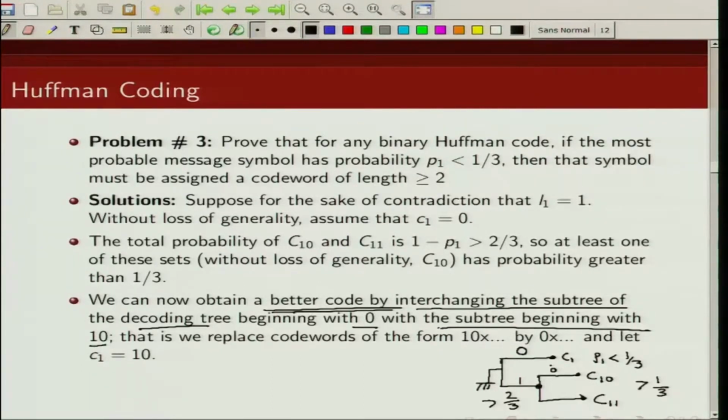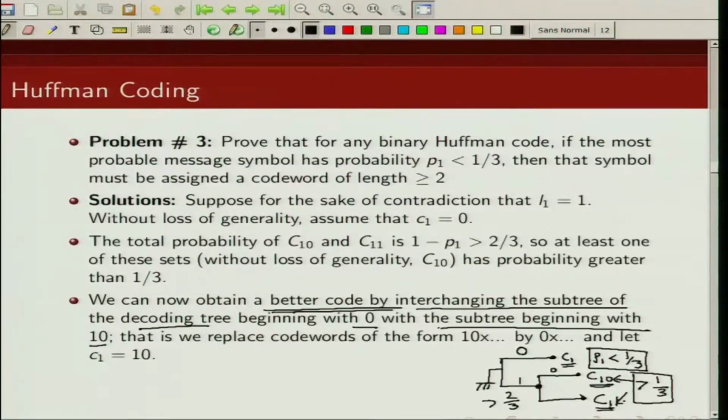So if we do this interchanging, we are reducing the expected code word length. If we assign them code word length of 1 instead of 2, and we assign this code word length of 2 instead of 1, then expected code word length is going to decrease, because C1 has less probability than one of these.